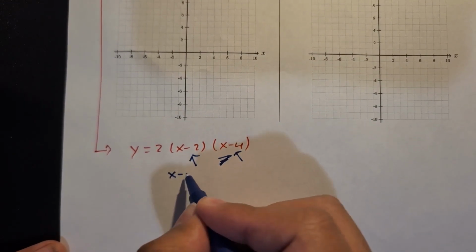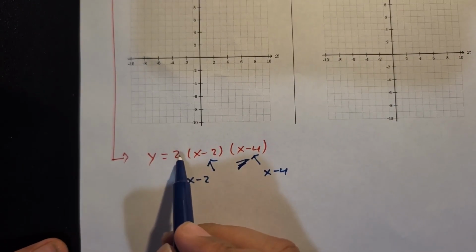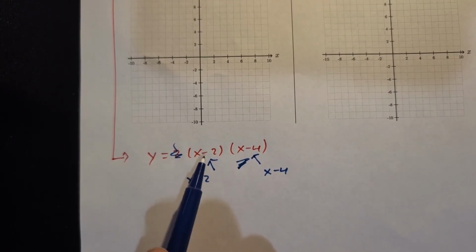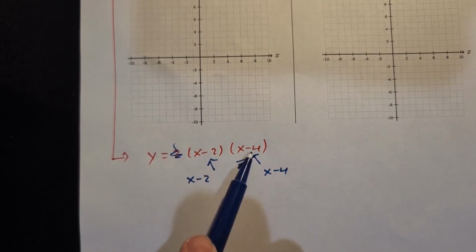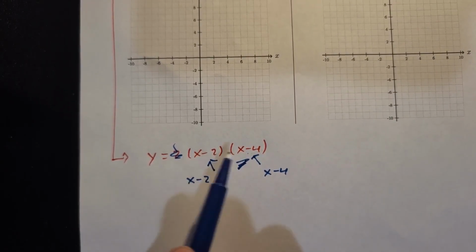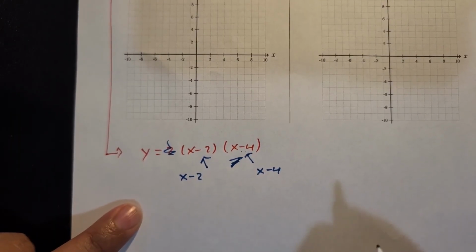You have x minus 2, and you have x minus 4. You do not even care about this, so erase it. It doesn't matter for now. The only thing you are going to be focusing on is these two products, x minus 2, x minus 4.